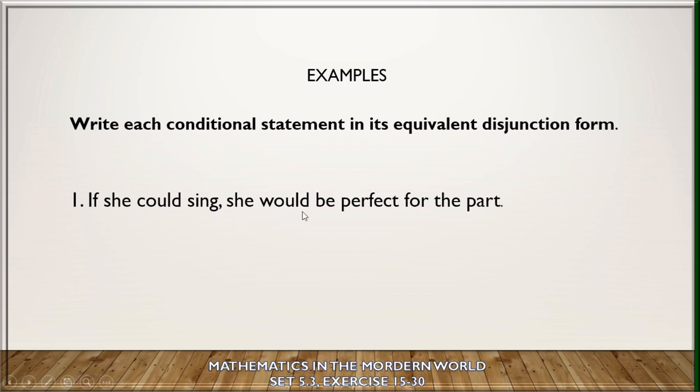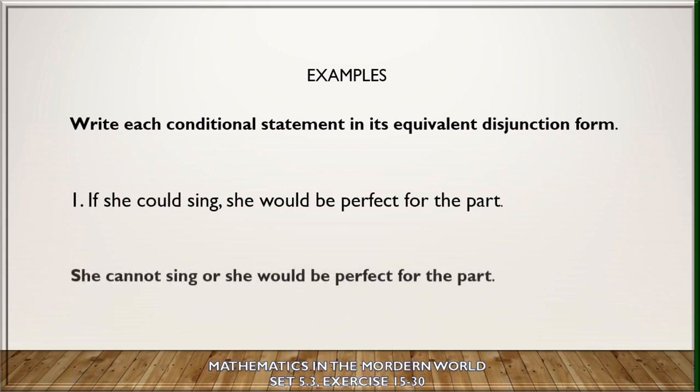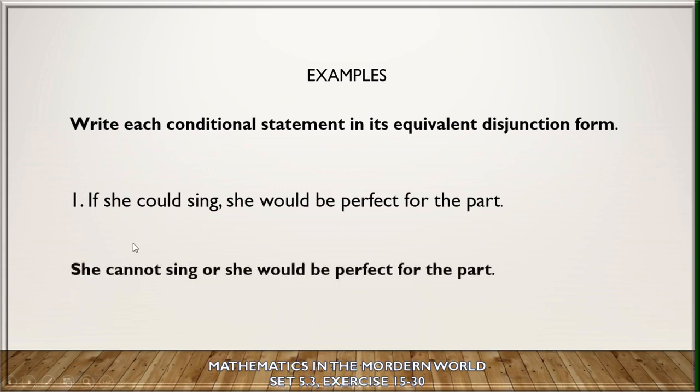If P then Q, it will be equivalent to the disjunction of not P or Q. So the not P will be she cannot sing. So she cannot sing, or, since it is disjunction, we will be using or, she would be perfect for the part. So it's Q, we have the same. So she cannot sing or she would be perfect for the part.